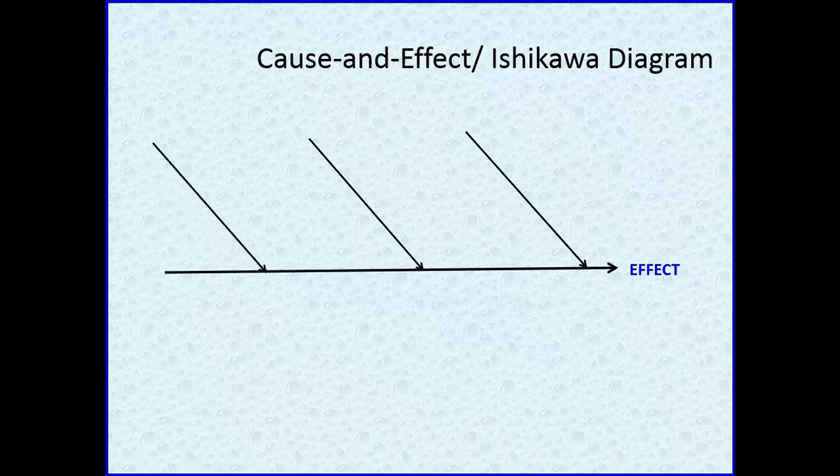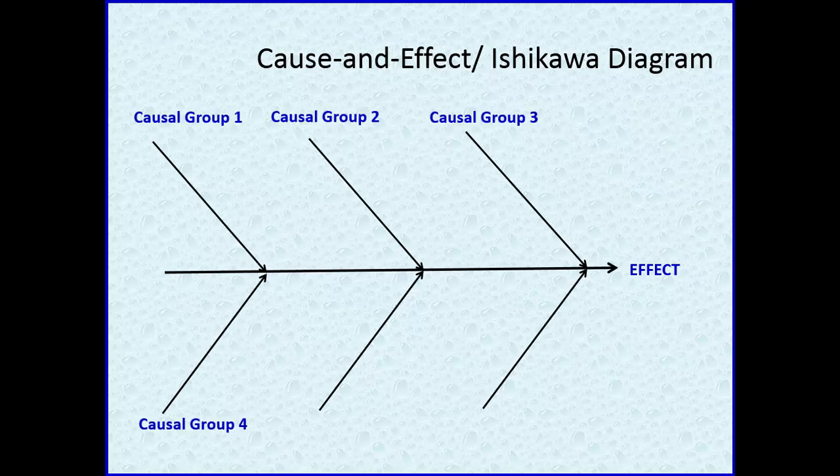We show the groups of causes along arrows radiating toward the spine. Any theme may be used to organize or group causes, but you may find it useful to use the 5 M's. I prefer to use 6 M's, and I'll point these out to you in a future slide.